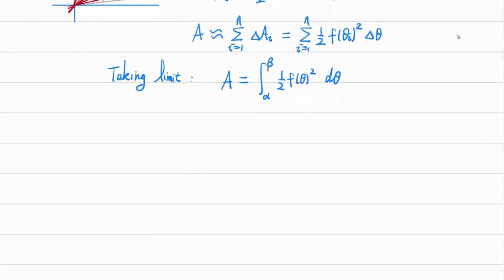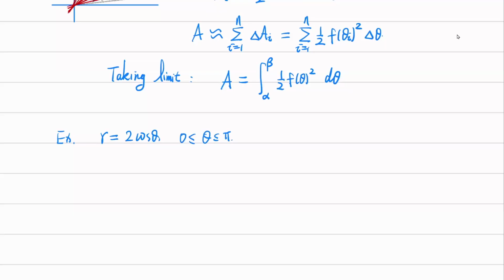Okay, let's try an example. In this example, we know the answer and we want to confirm our results. r is 2 cosine theta. Again, we want to find the area, from 0 to pi.